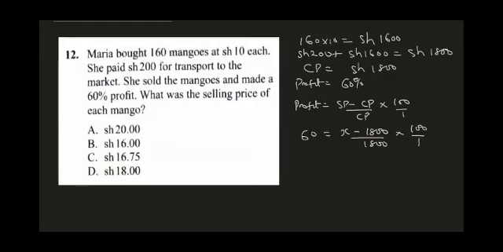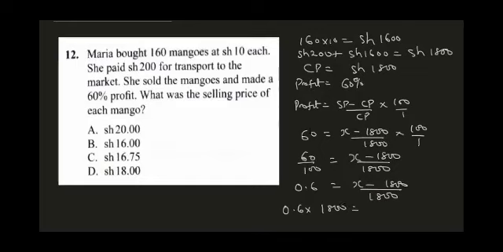So from here, we're going to do 60 over 100 is equal to X minus 1,800 all over 1,800. So this is going to give us 0.6 is equal to X minus 1,800 all over 1,800. So from here, we're going to cross multiply, which will be 0.6 times 1,800 is equal to X minus 1,800.